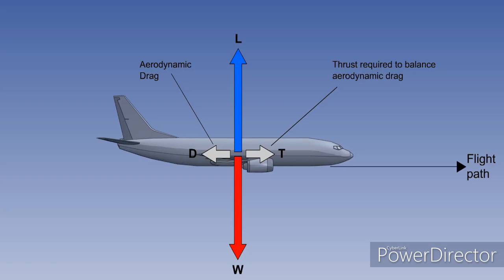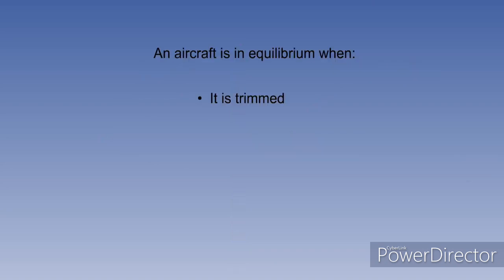For an aircraft to be in steady level flight, a condition of equilibrium must exist. This unaccelerated state of flight is achieved with the aircraft trimmed, with lift equal to weight, and the throttles set for thrust to equal drag.